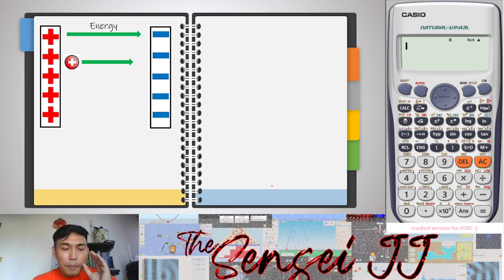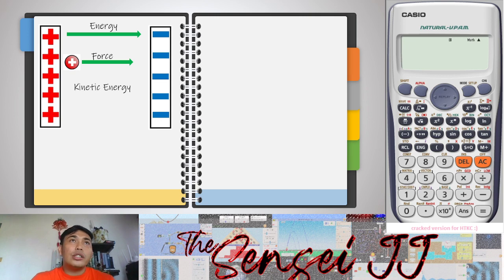Kasi alam naman natin that positive charges are attracted to the opposite charge, which is the negative. If our charged particle is moving from one side to another, there has a mass. If there has a mass, then there should be a force involved when an object or a particle is moving from one point to another. Okay, so if the object is from positive charge going to negative charge, the force is going to the negative charge.